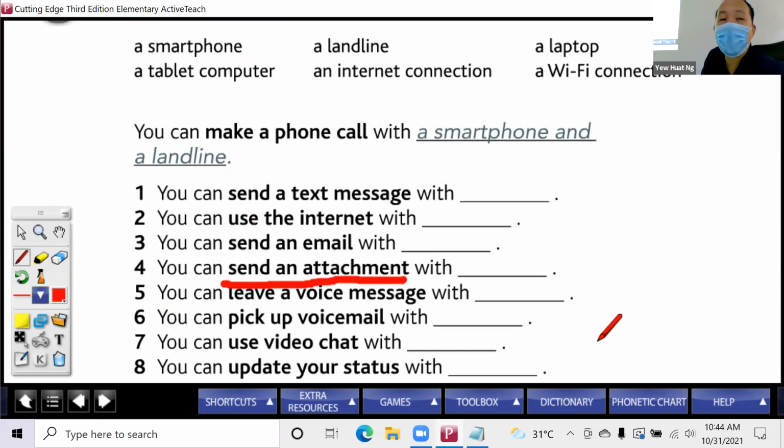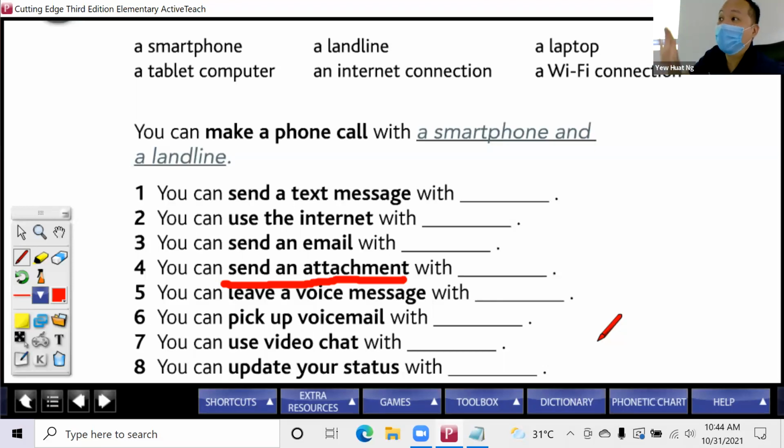Read for me, please. Send an attachment. Yes. Okay. What is an attachment? A file. When you have WhatsApp, WeChat, sometimes you send photos to your girlfriend, to your mom, to your dad.